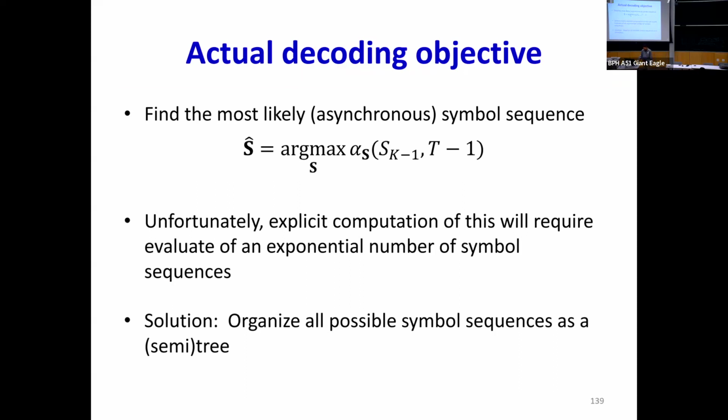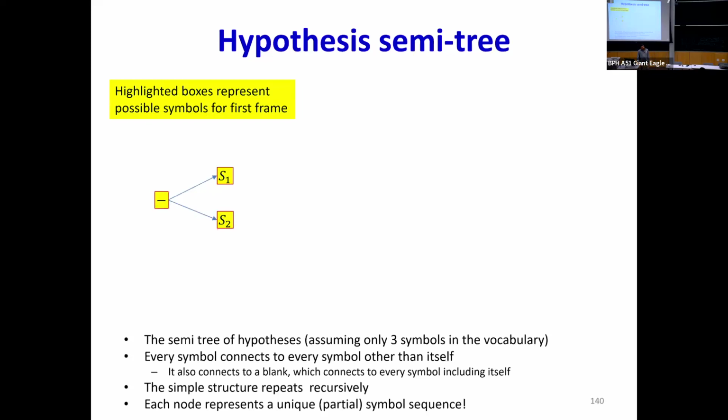Okay. So here's what I'm going to do. I'm going to arrange all of my possible symbol sequences as a tree. So let's say I have only 2 symbols in my vocabulary, S1 and S2. Implicitly, I'm also going to be including a blank. Blank is the invisible symbol. So the first symbol can be either a blank or an S1 or an S2.